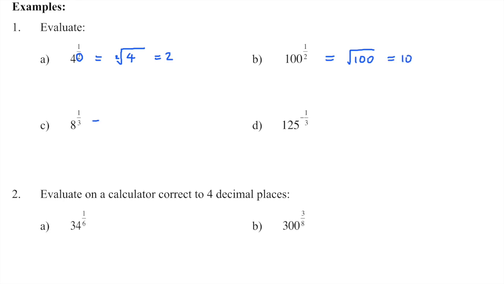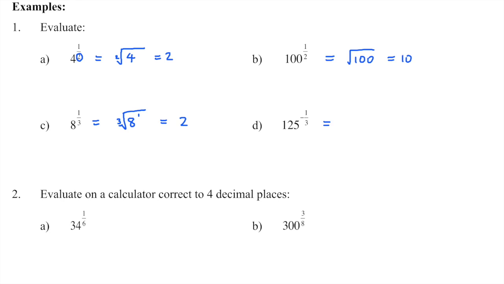The cube root, well, it's got a fractional power, so I'm going to introduce a surd. But on the bottom of the fraction there is a 3. So sitting on the seat, sitting on your bottom is a 3. Cube root of 8 is 2, because 2 times 2 times 2 is 8. We can look at part D and we recognize to the power of 1/3 means cube root.